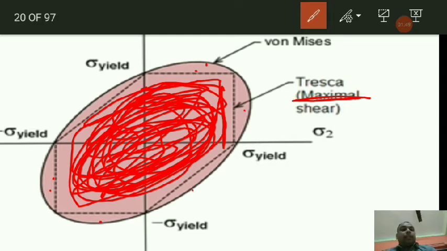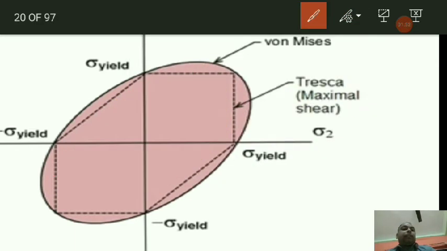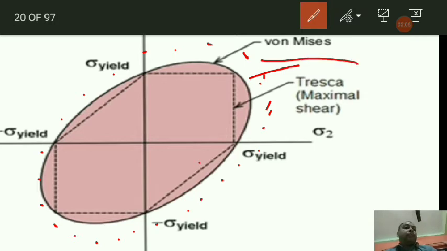Okay. Now, if you are considering von Mises, then if the points come outside the envelope, it is not suitable according to von Mises as well as Tresca.